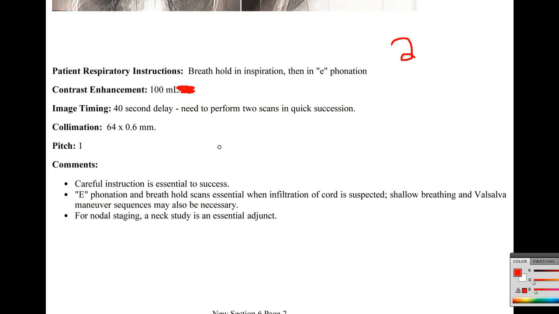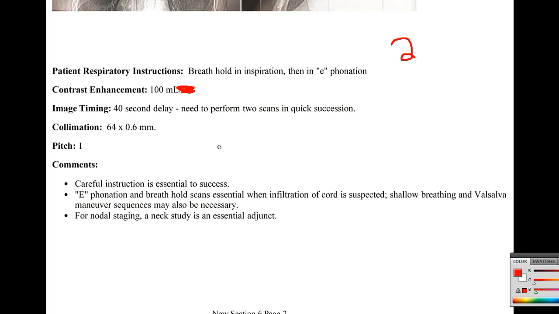We also see that E phonation and breath hold scans are essential when infiltration of the cord is suspected. Shallow breathing and Valsalva maneuver sequences may also be necessary. Some of you may question what the Valsalva maneuver actually is. It is an attempted exhalation of breath with a closed airway.